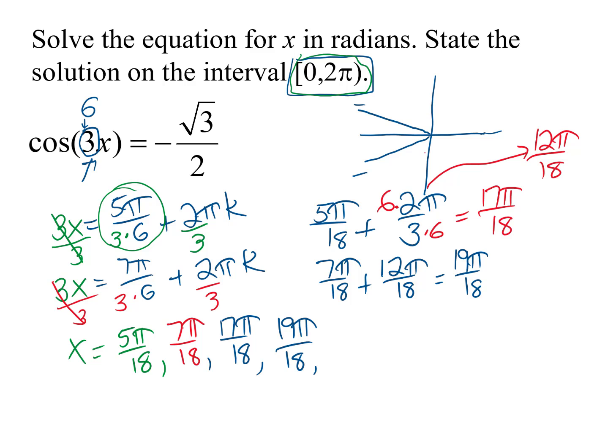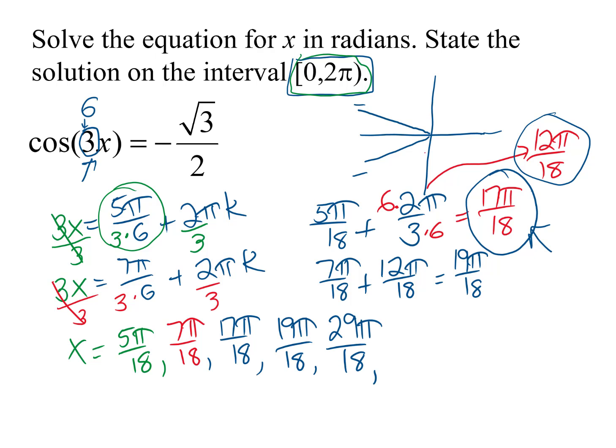So we need to go back to this angle 17 pi 18ths and add another 2 pi thirds. I could add this 17 pi 18ths with this 2 pi thirds in terms of 18ths. It's 12 pi 18ths, and that would give me 29 pi 18ths. And then I need to do the same thing with this 19 pi 18ths.